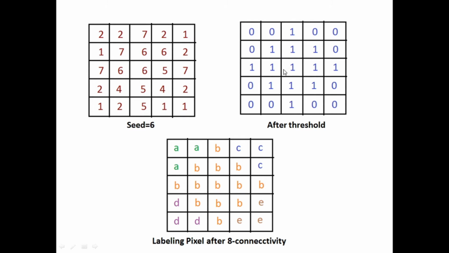So in aggregate I can say that this 5 cross 5 image possesses 5 different regions or segments. Let me label each segment or region now. Let me label this segment with A, and all the ones come under one region, so let me label it B, and this is C, this is D and this is E. In this way the region growing process happens.